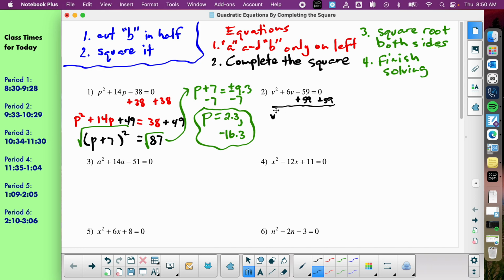Okay, so then I'll have v squared plus 6v. I'm going to leave a space, because I'm going to put a number in there, equals 59. Now my goal here is to figure out what number I should be writing in that spot.